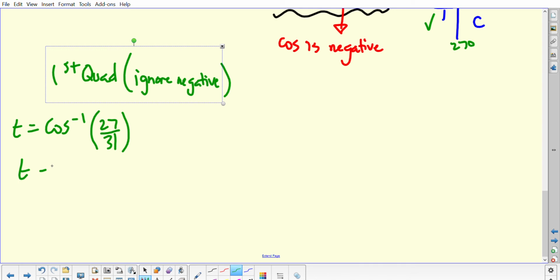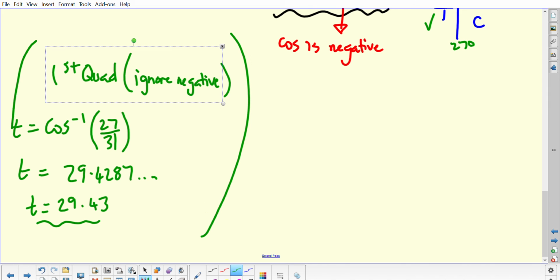That will give us the time, 29.4287 and other digits, round it to 2 decimal places, 29.43. So remember that this one, I'm going to put brackets round it, isn't really one of my final solutions. For that, I need the second and the third quadrant angles, or in this case times.